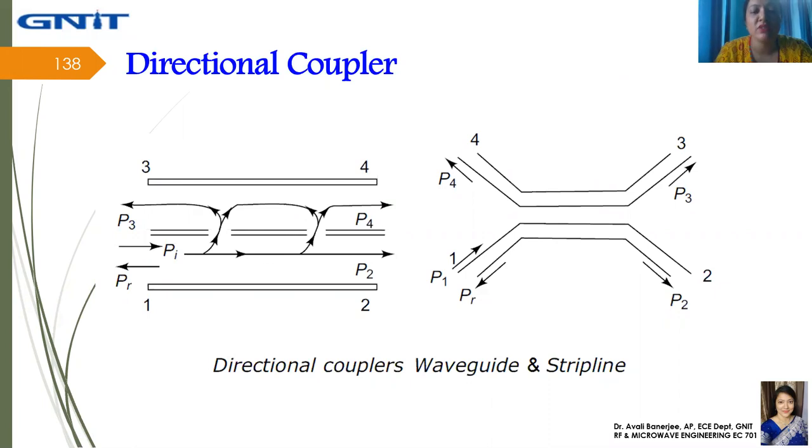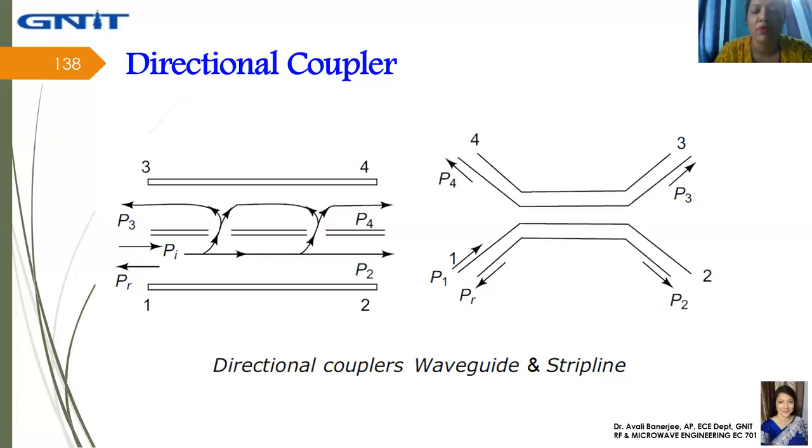The performance of a directional coupler is measured in terms of 4 basic parameters. One is coupling, another is transmission loss, then the third is directivity, and the fourth is the return loss.